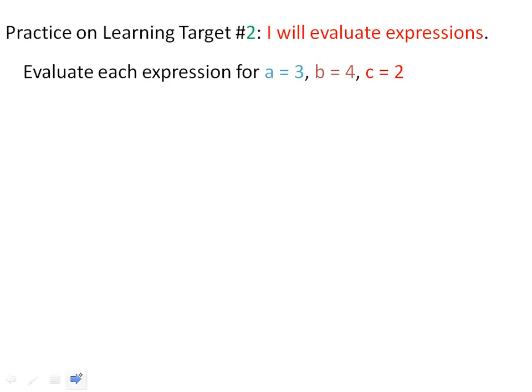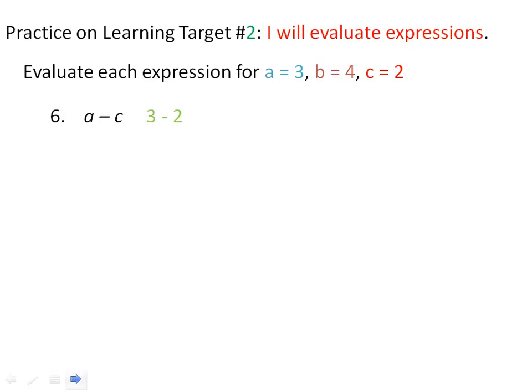All right, now I'm not trying to insult your intelligence with learning target 2. I will evaluate expressions. They do use some fairly easy examples in these, but the main thing is that you learn what you're supposed to do when you are confronted with a problem like this. And I think you will know. Here's number 6. We've got a minus c.